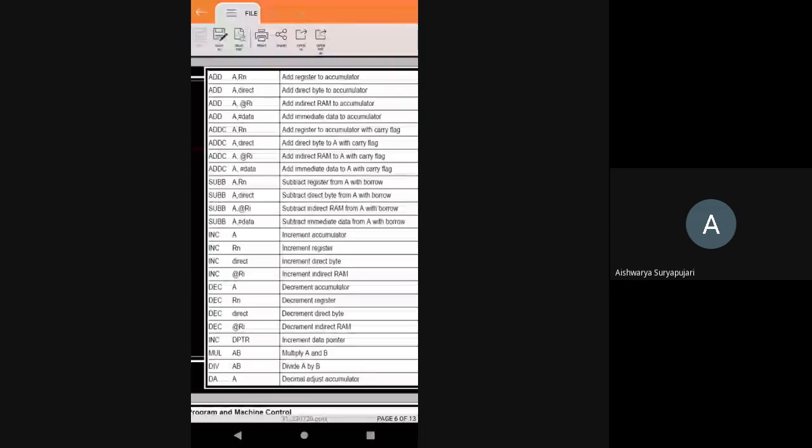For division, there is DIV AB. The same way, divide A by B. This is very important. Divide A by B. A ला B न भागायचं, B ला A न नाही.